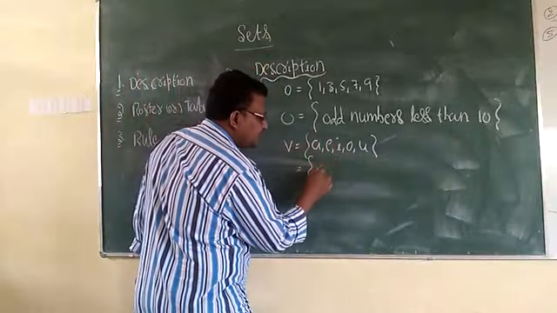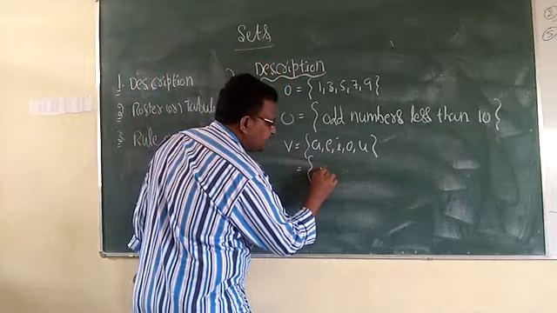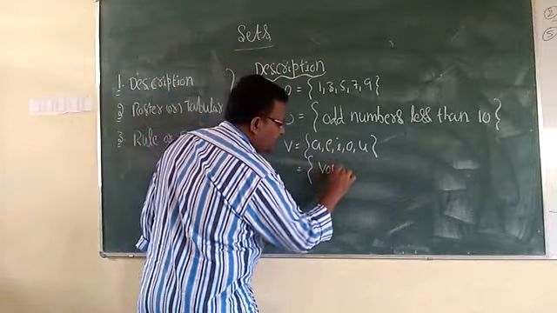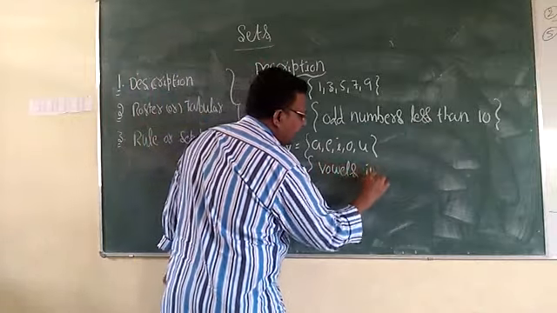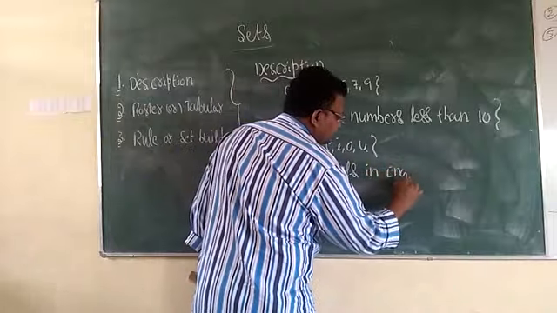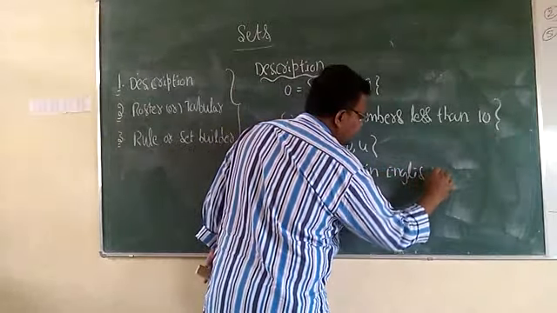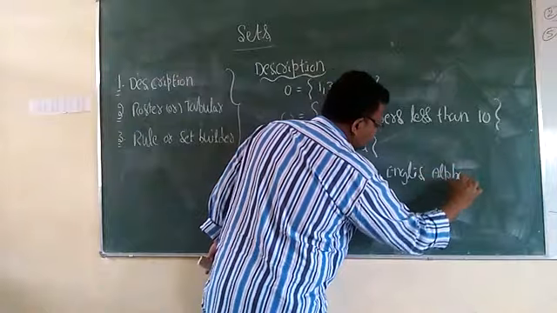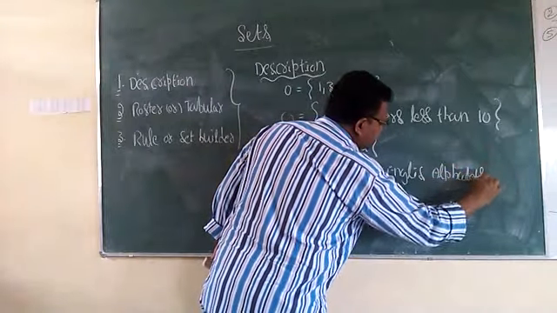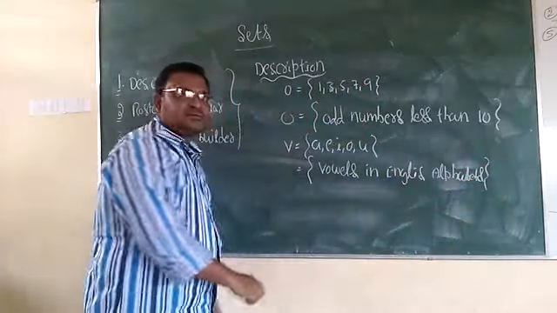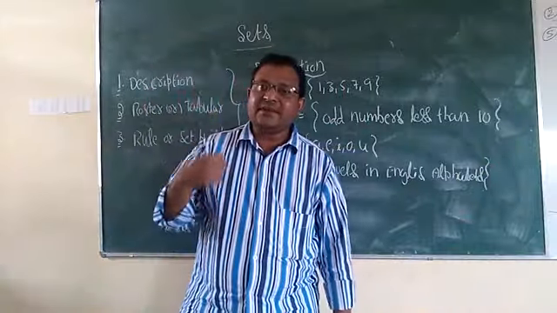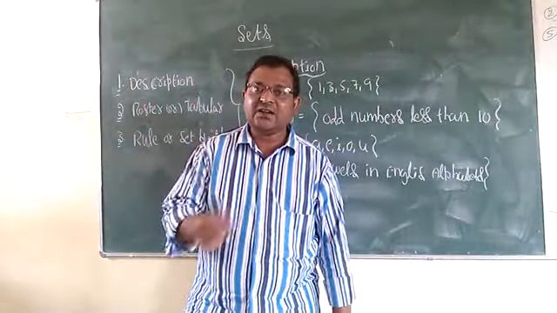The same description we will write here in flower brackets: vowels in English alphabet. So if you represent a set by using description, then that method is called the description method.